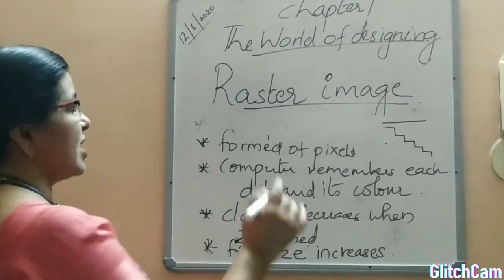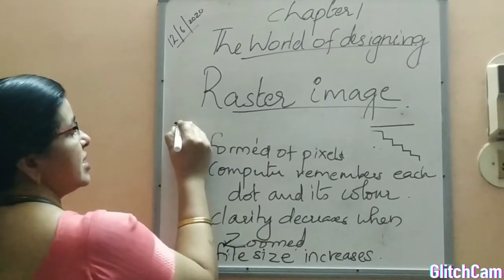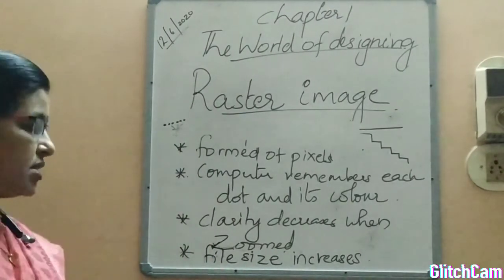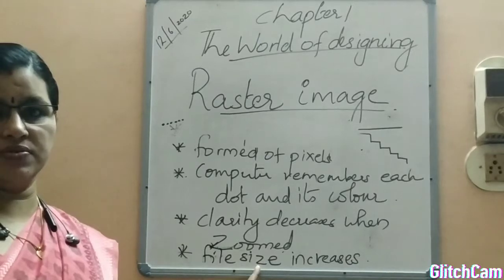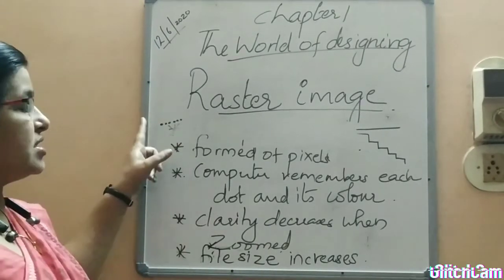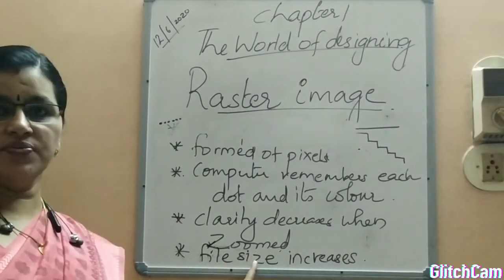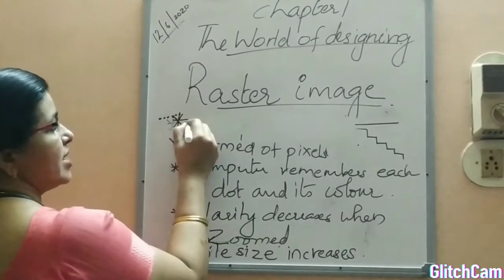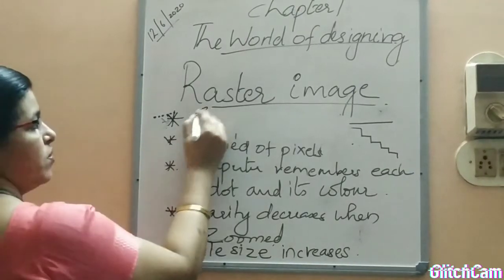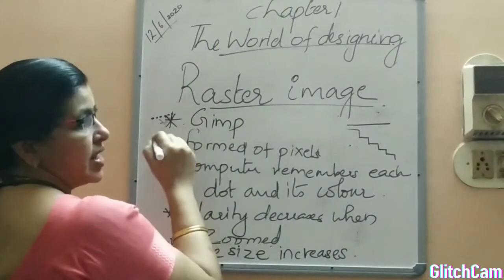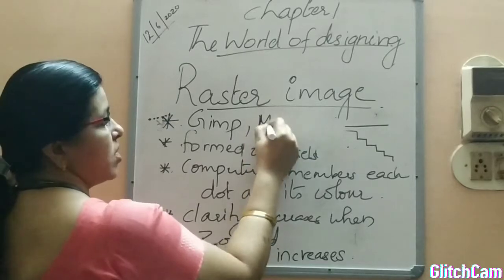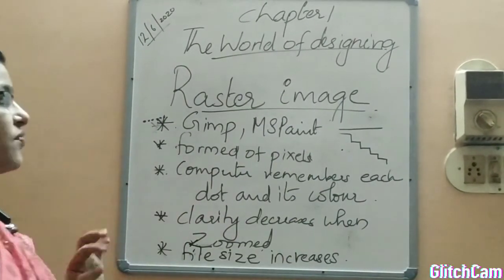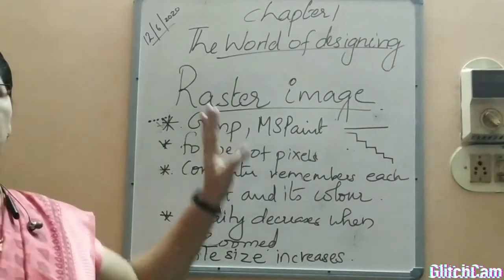As the pixels increase, the file size increases. Then what are the softwares used for drawing the raster image? One is GIMP, which we learned in 8th and 9th standard. Then in smaller classes you have learned MS Paint. These all softwares are used for creating raster images.